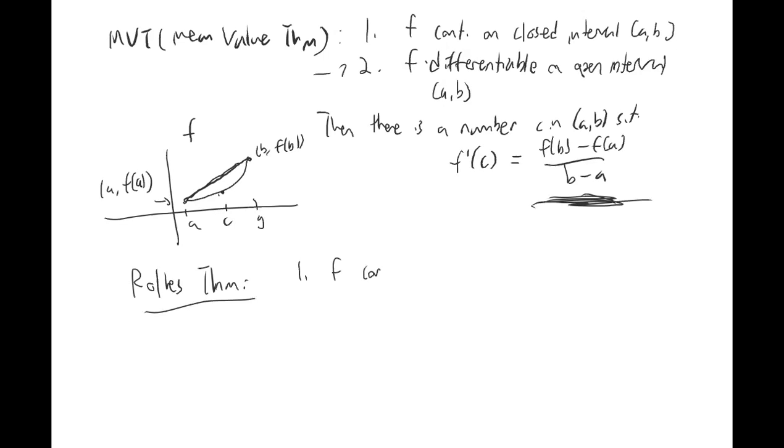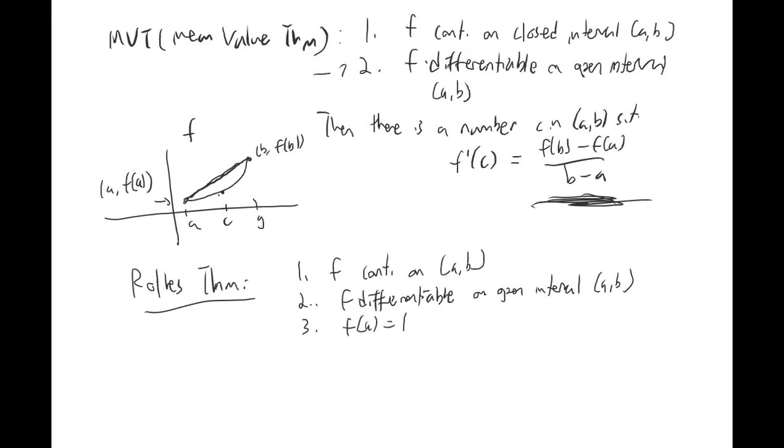But they do ask you on Rolle's, so: 1, f continuous on [A, B], 2, f differentiable on the open interval (A, B). And 3, they require f of A equals f of B. Then there is a number C in (A, B) such that f prime of C is 0.